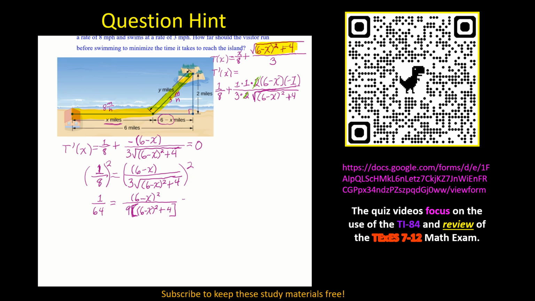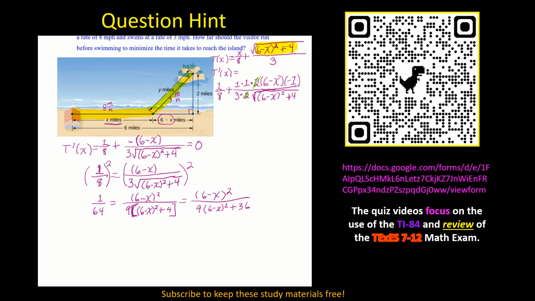Or, tell you what, let's do this. Let's factor that. Okay, we can multiply in that 9. 9 times 6 minus x squared, and then plus the 36. We can do that.